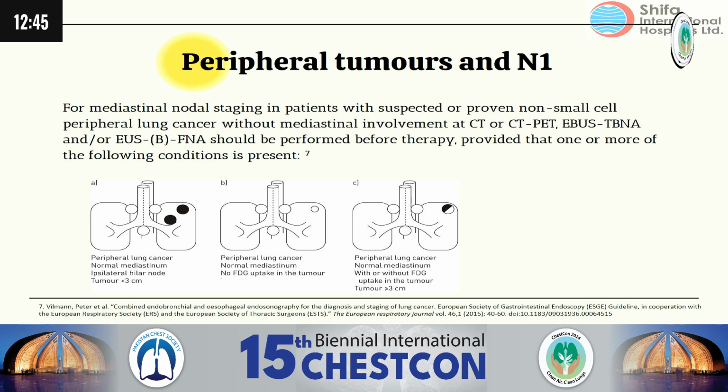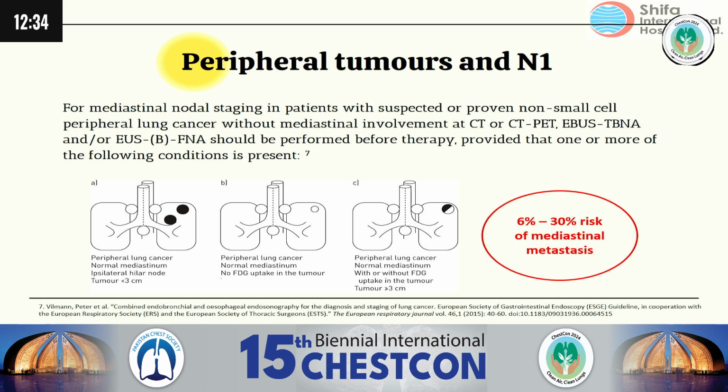And then if you have a tumor which is peripheral, is more than 3 centimeter, regardless of the FDG uptake, it is recommended that you do EBUS TBNA staging. And the reason for this is that there is 6 to 30% risk of mediastinal metastasis in these cases, which may not be detected by CT or PET-CT alone.